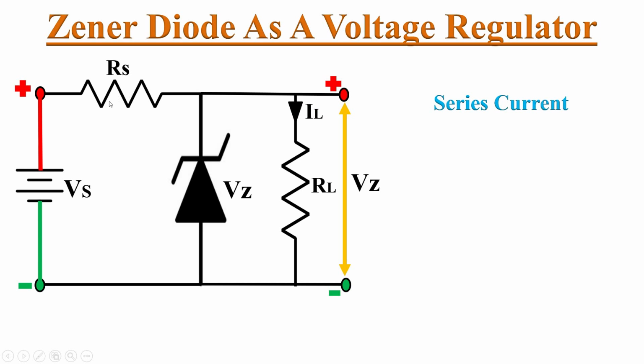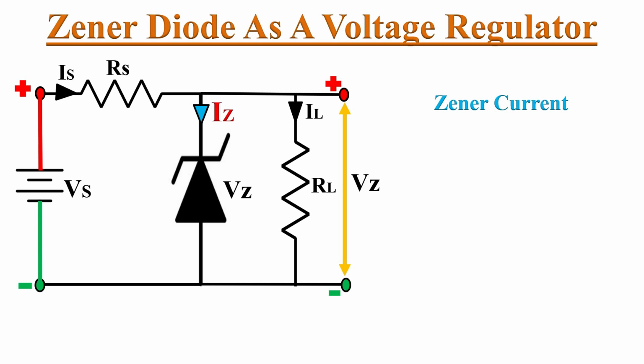Similarly, let us see what the source current, or the series current flowing through the series resistor RS, is. The source current Is equals the voltage drop across RS, that is Vs minus Vz, divided by RS. Now we know the series current Is and the load current IL, and the remaining current will flow through the Zener diode. This current is known as the Zener current Iz.